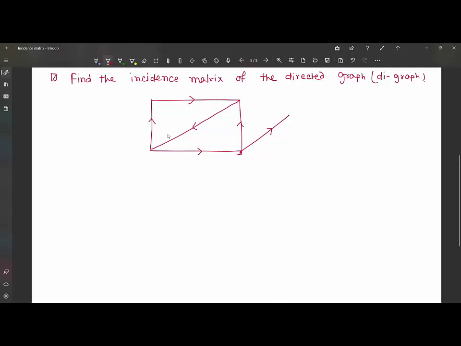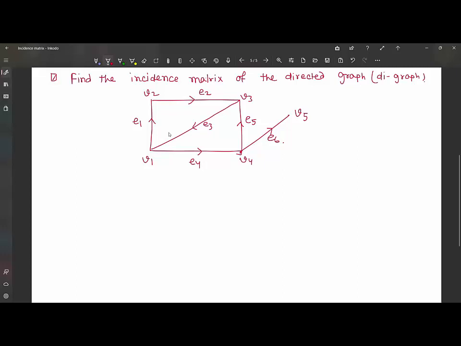You can mix and match these two types of graph. So this is V1, V2, V3, V4 and V5, and the edges are E1, E2, E3, E4, E5 and E6.